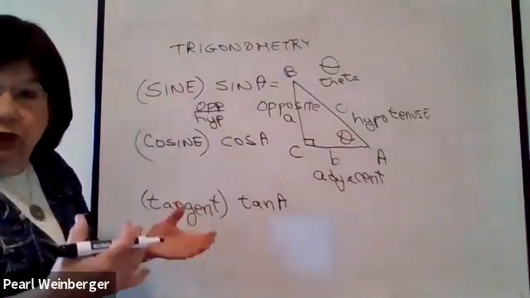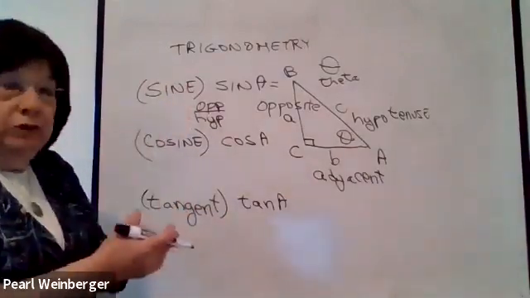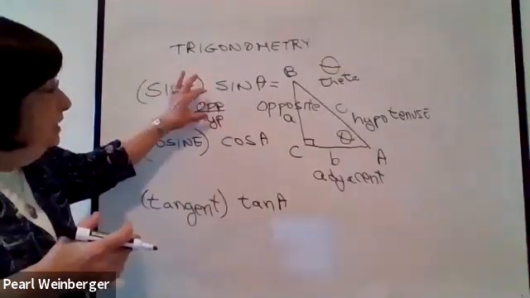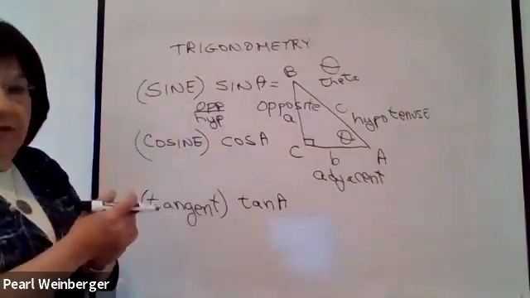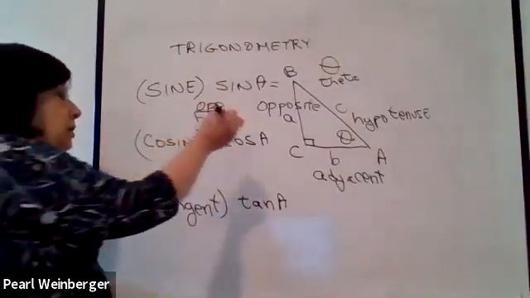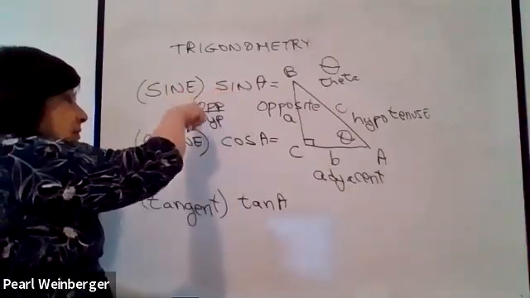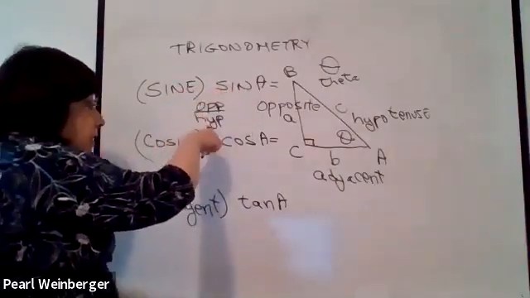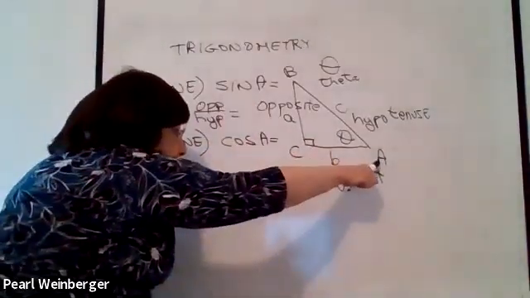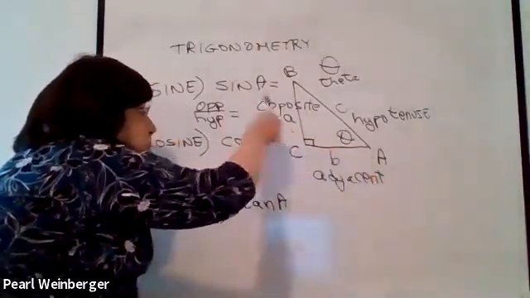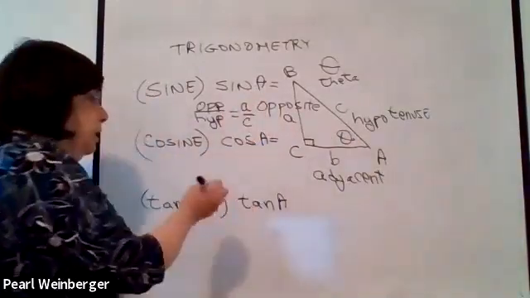Sometimes they're called ratios. These are the trigonometric ratios because each one represents a specific fraction. The cosine, remember we said the sine is the opposite over the hypotenuse. In terms of these letters, the sine of A would be small a over C.